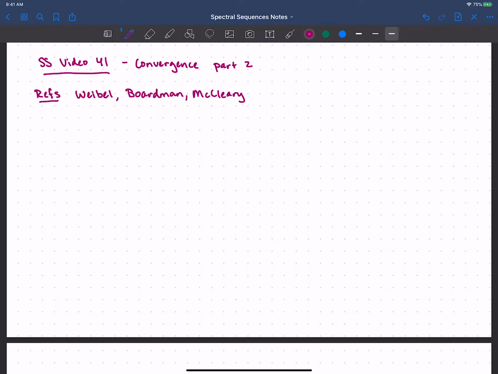Alright, so we're still looking at convergence, and we'll start to see what some of the issues are in this lecture. Some good references for this stuff: Weibel, Boardman, and McCleary. Though I'll warn you that one of the things that makes this hard is that there's inconsistent terminology.